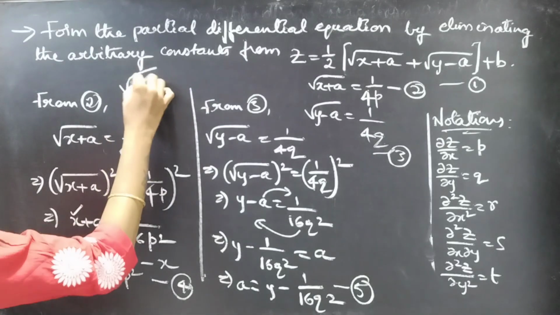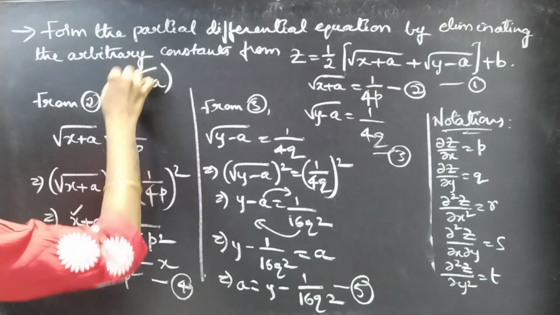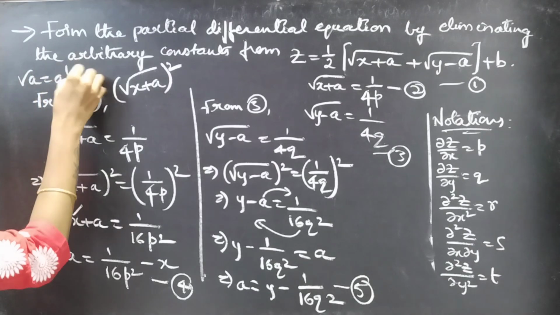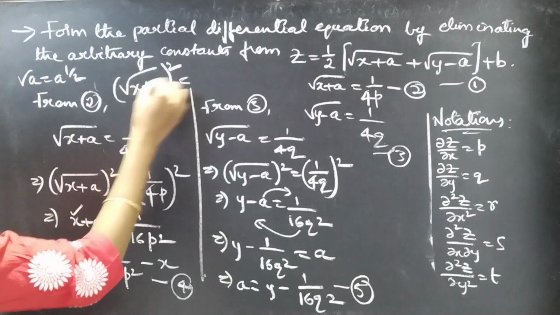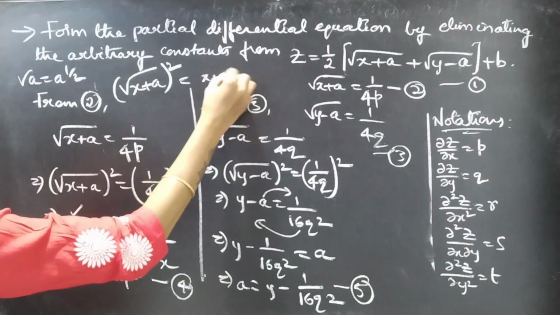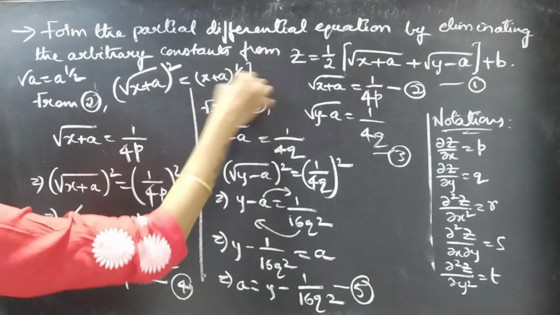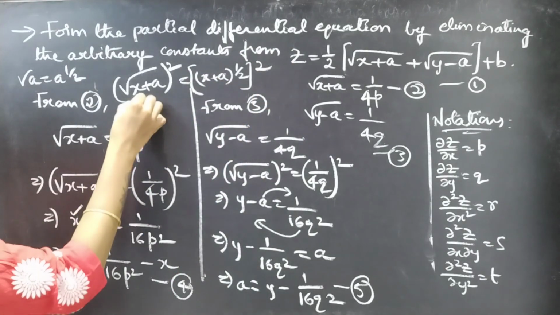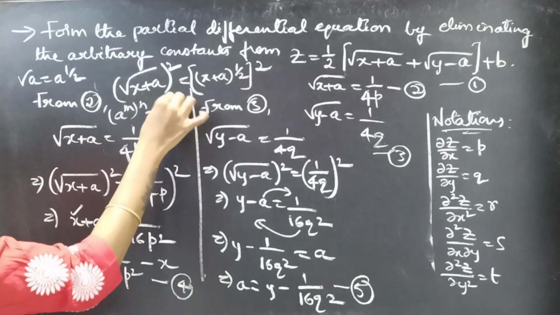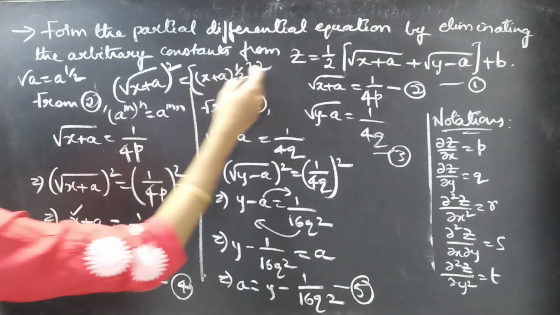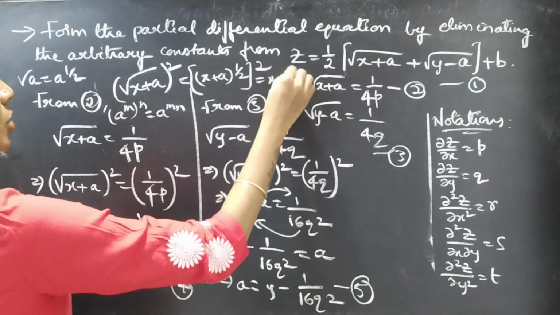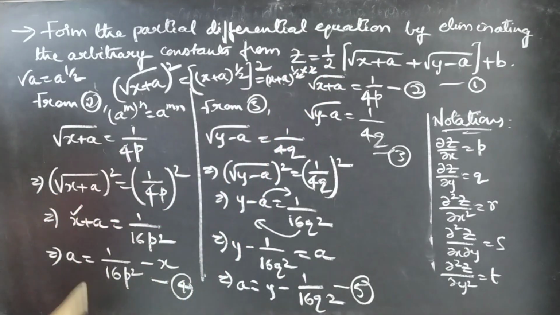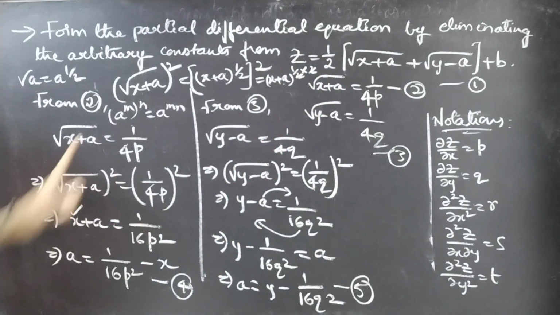Since square root of a can be written as a power 1 by 2, we can write square root of x plus a as x plus a power 1 by 2 whole square, and also a power m whole power n can be written as a power m into n. Then we can write it as x plus a power 1 by 2 into 2, where 2 gets cancelled, you'll get x plus a. That is what we have written here.